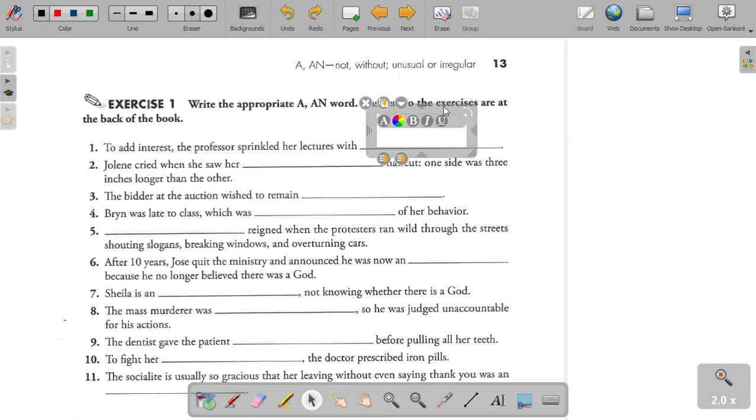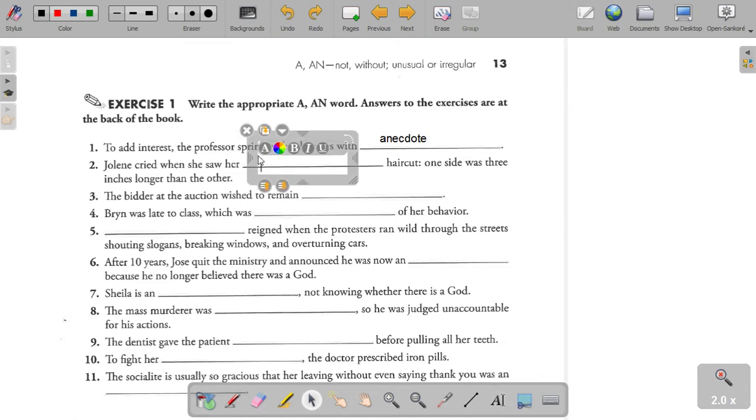So I'll give you a hint. This means a little story or a... Anecdote, an anecdote. So an anecdote is a little story. A lot of times it's told at the beginning of an essay or something, and it's just something that kind of adds interest to something that otherwise would be a little bit boring.